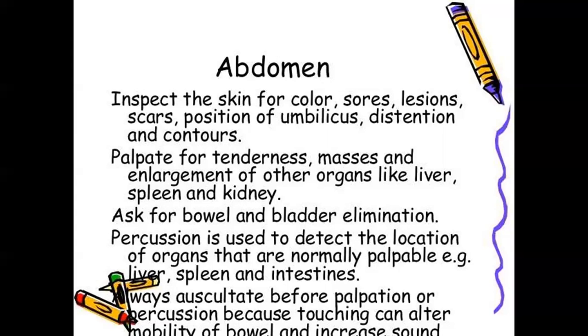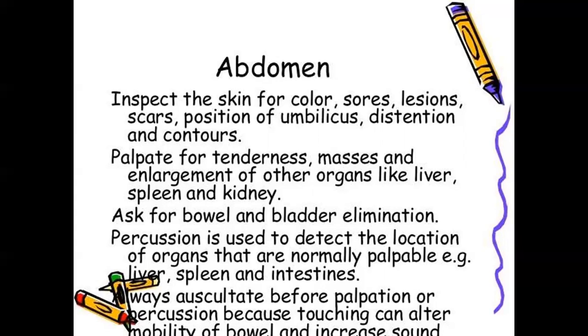You have to auscultate so that you can hear the intestinal sounds, motility of the bowel and also the increase in the sounds. So for assessing the abdomen, we are using all the four techniques: inspection, palpation, percussion and auscultation. All the four techniques are used to assess the abdomen.